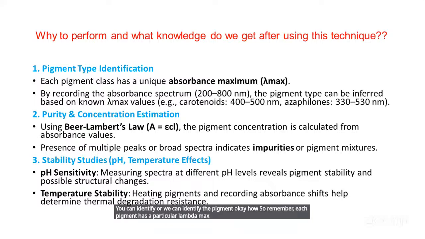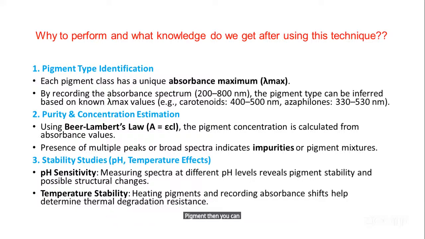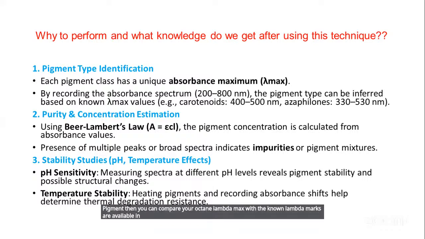You can record the absorbance maxima, which is called the lambda max of a given pigment. Then you can compare your obtained lambda max with the known lambda max available in the literature. This is how we can infer the type of pigment. So the first benefit is that you can identify the pigment.